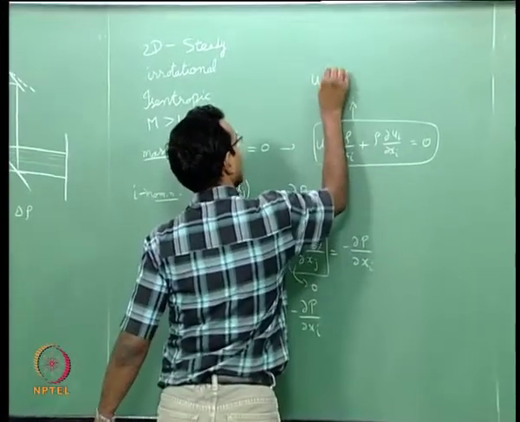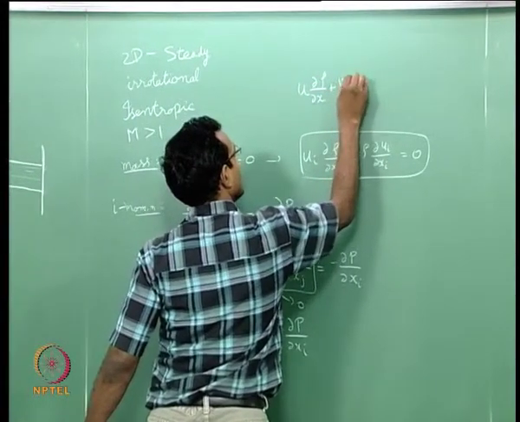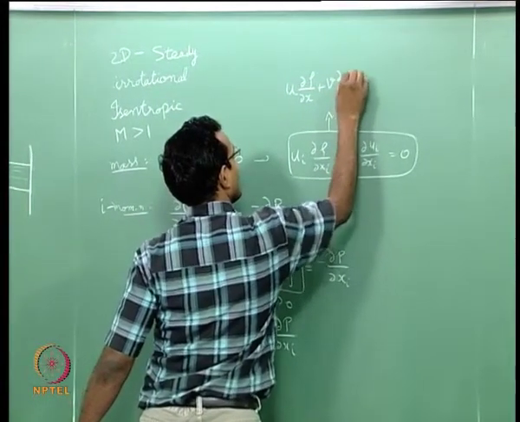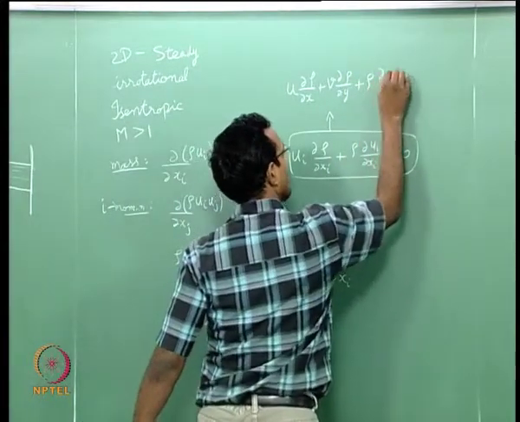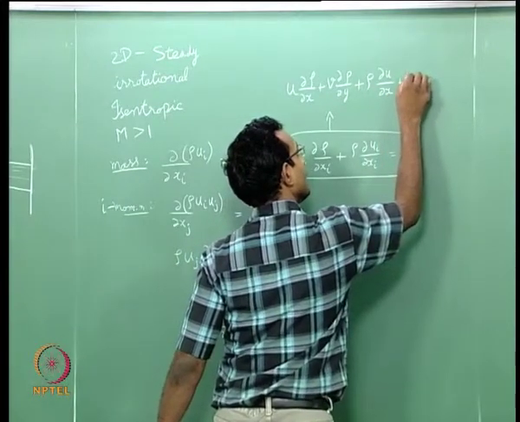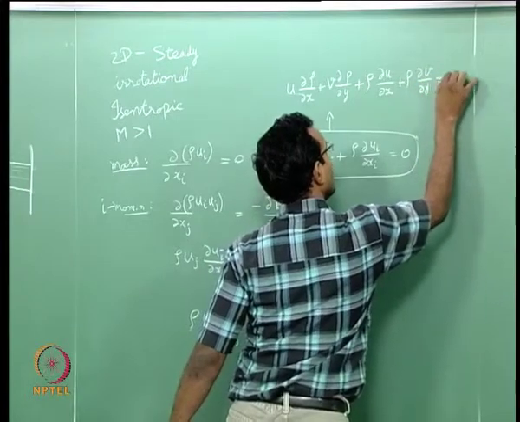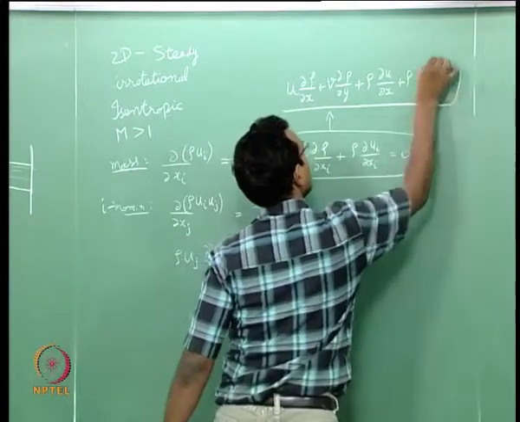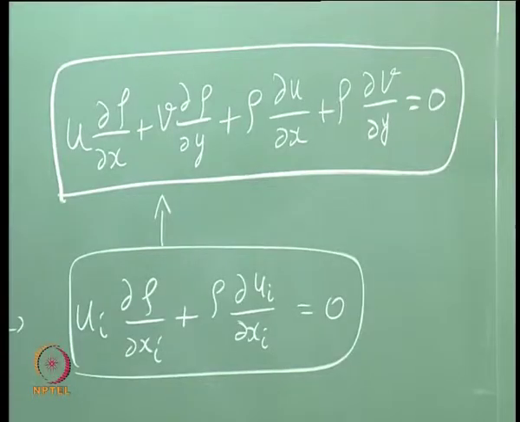So, I will get u ∂/∂x of rho plus v ∂/∂y of rho plus rho ∂u/∂x plus rho ∂v/∂y equal to 0. This is my 2D mass equation for steady, compressible flows.